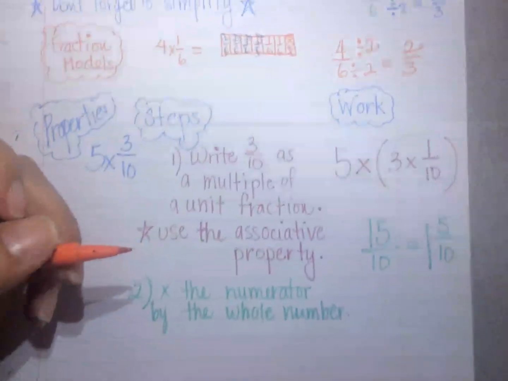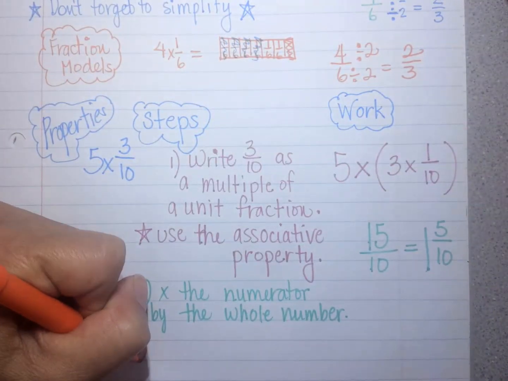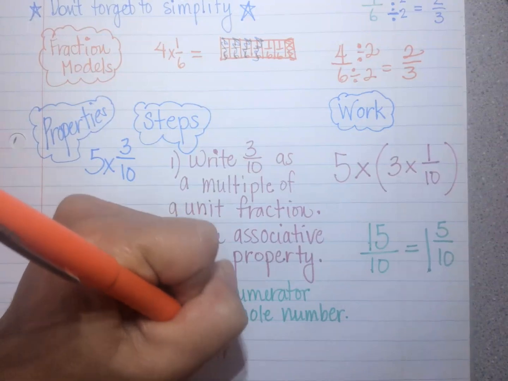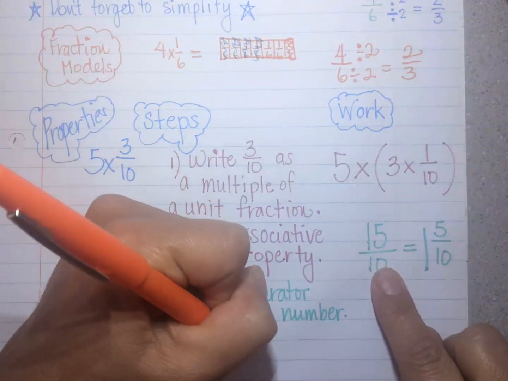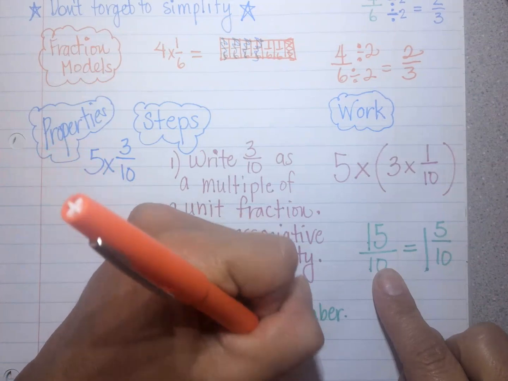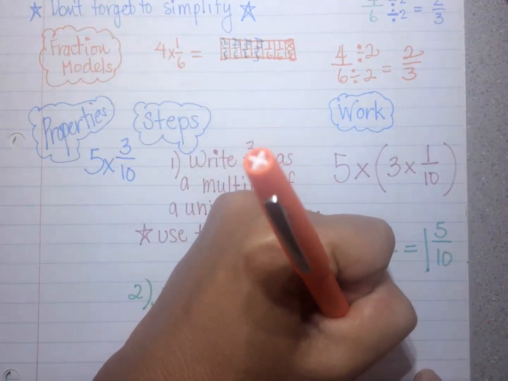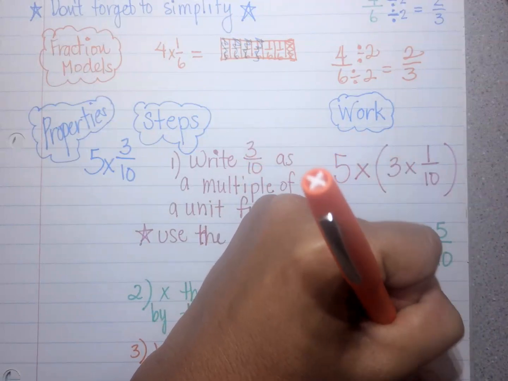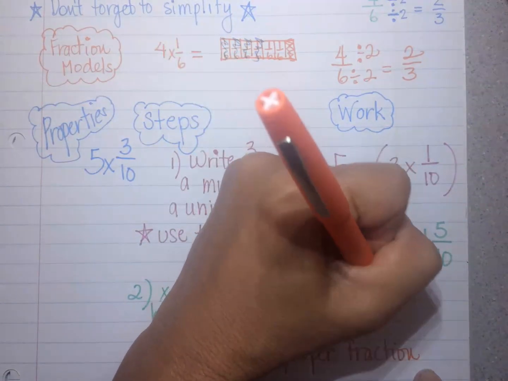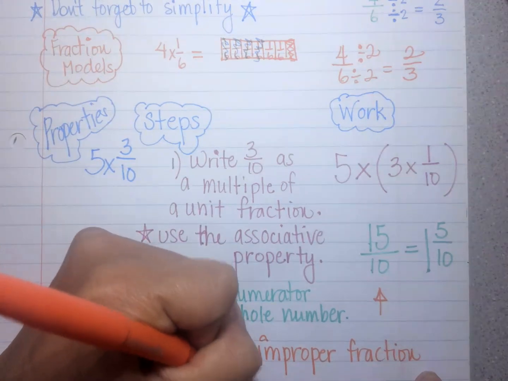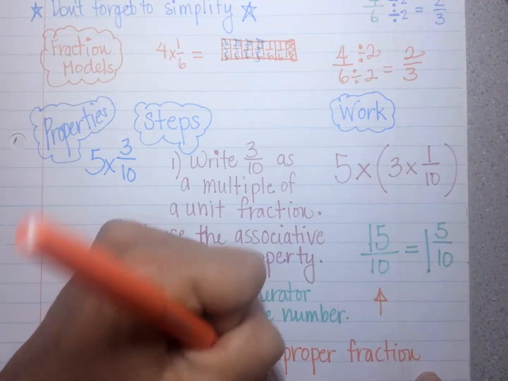So I'm going to give it a name, and it is, in the third step, write the improper fraction from past lessons, which is this, as a mixed number.